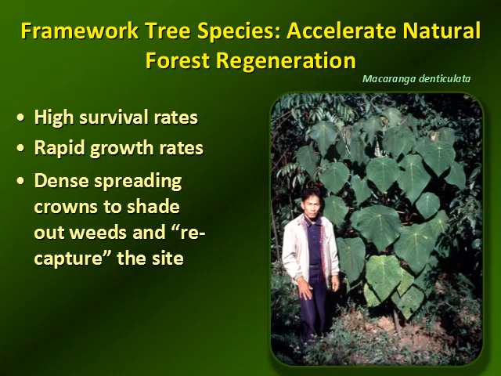Shade is an extremely effective herbicide, and it has no bad effects on people's health. It's a non-polluting substance, if you like. You can't go and buy it in a hardware store, but you can create it by planting trees that will effectively create shade.